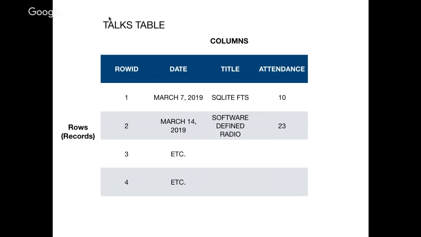SQLite doesn't really have a built-in idea of data types, so you don't really have to tell it what type of data is going to be in each column as you're setting up the table. But you can. It kind of ignores it.